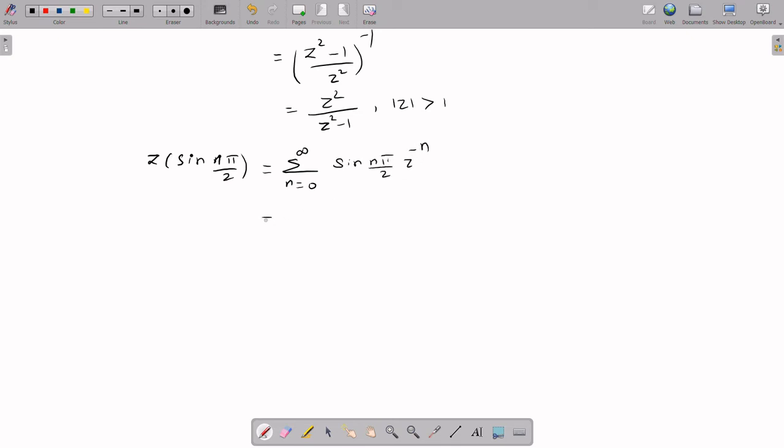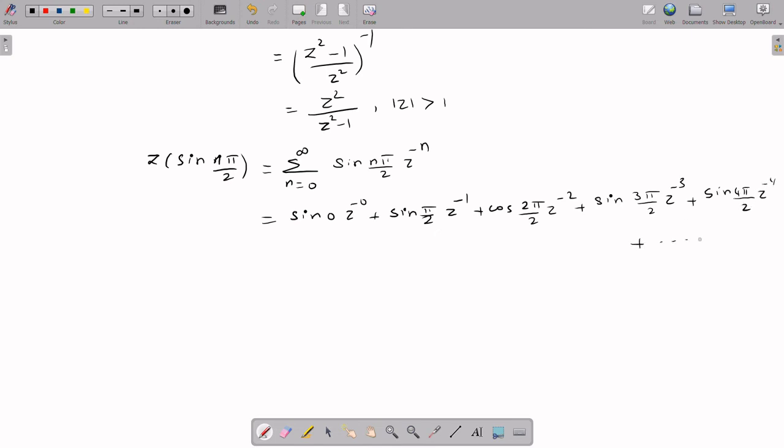Put n equal to 0: you have sin 0 z power minus 0 plus sin pi by 2 z power minus 1, plus n equal to 2, sin 2 pi by 2 z power minus 2, plus n equal to 3 is substituted, sin 3 pi by 2 z power minus 3, plus n equal to 4, sin 4 pi by 2 z power minus 4, plus etc.